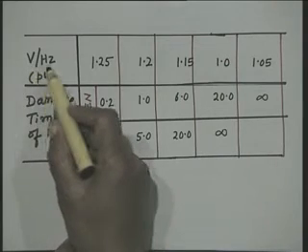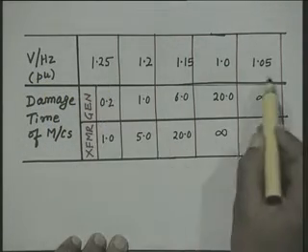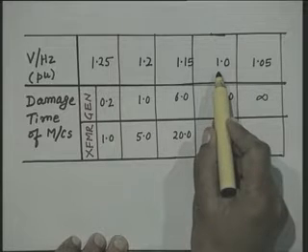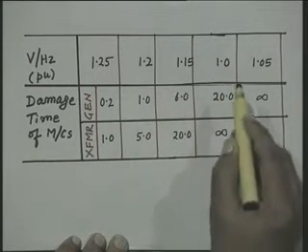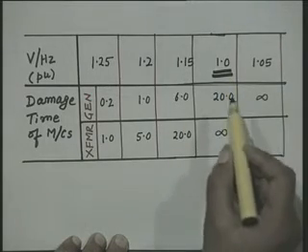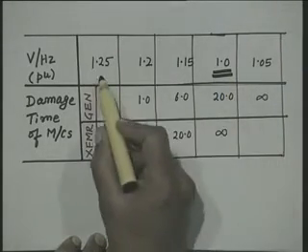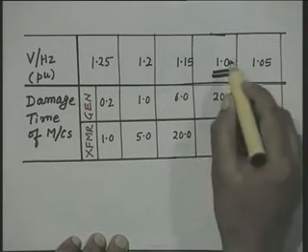Here this table shows the voltage per hertz in per unit. This is 1.25, 1.2, 1.15, this may be 1.1.